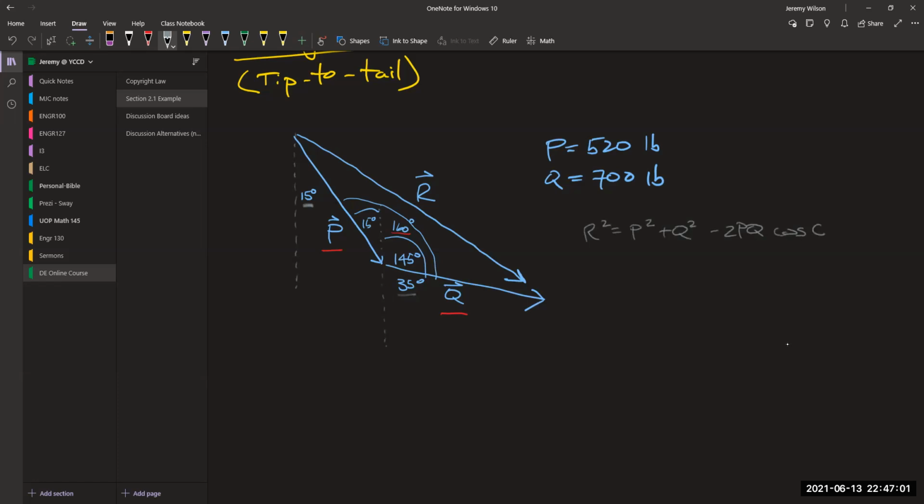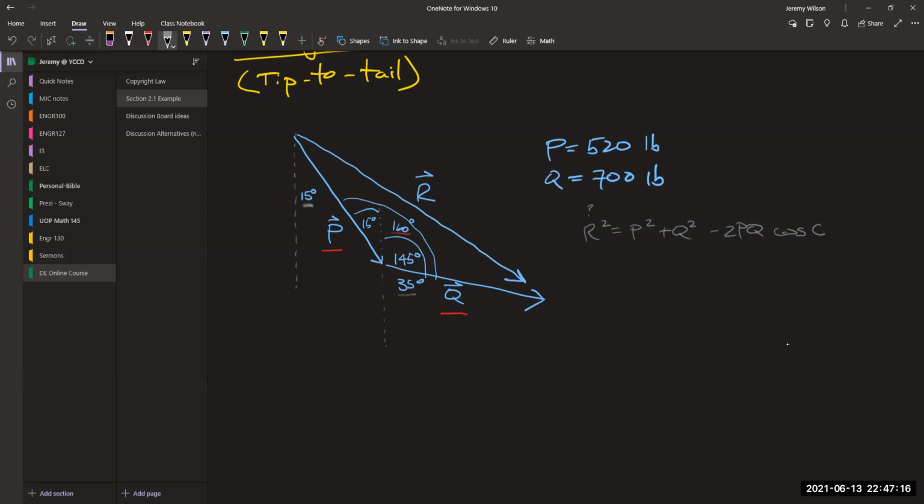If we look at that, we've only got one unknown. It is R squared. Now you might be saying, well, do we know C? We do. C is the angle opposite of R. In this case, it's the 160-degree angle.